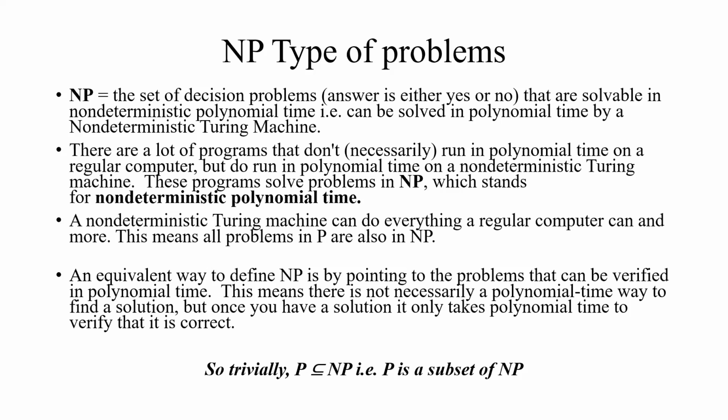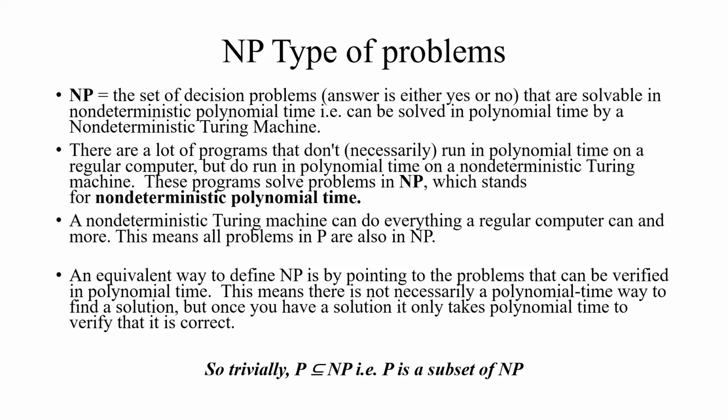So that is why the fourth point says an equivalent way to define NP is by pointing to the problem that can be verified in polynomial time, that it can be only verified. Remember that it will be solved. This means that it is not necessarily a polynomial time way to find a solution, but once you have a solution, it only takes polynomial time to verify that it is correct. So every problem of P type definitely belongs to NP type of problem.